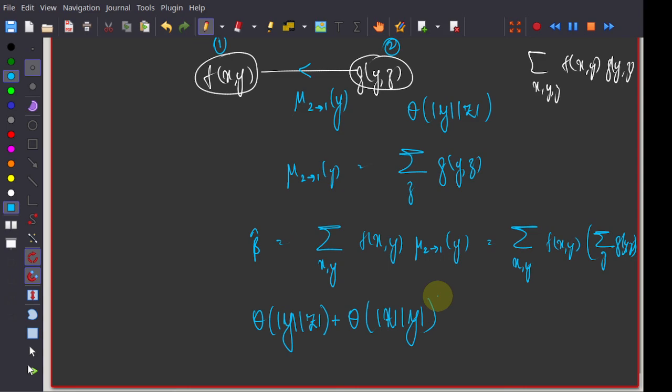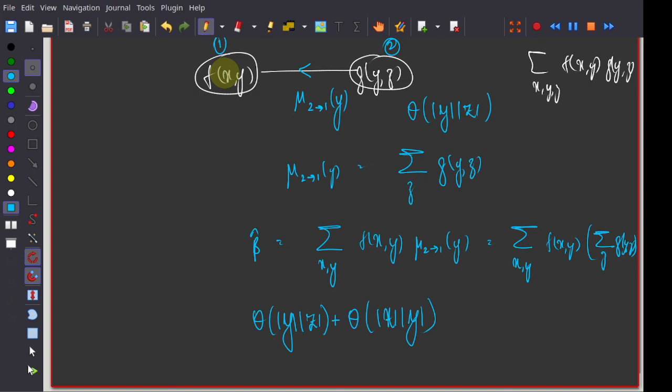Correct. Yes. So if you have local functions which involve a very large number of variables, then you're not really solving anything, right? The complexity is still determined by the number of variables that are involved in the local function. So if there's one local function which involves too many variables, then you don't get any real reduction in complexity.